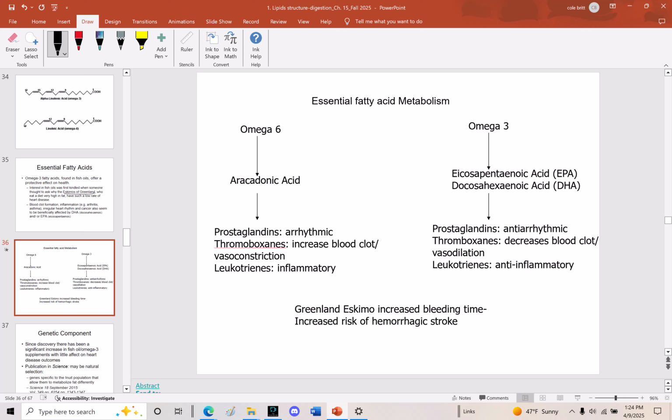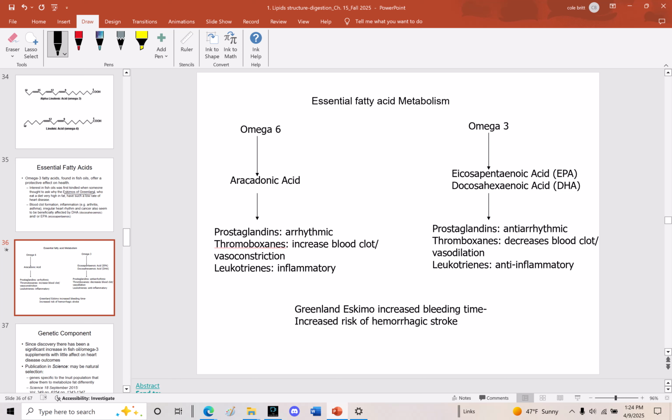So just so you know, thromboxanes tend to affect blood clotting. Prostaglandins, thromboxanes, and leukotrienes are all eicosanoids. But prostaglandins tend to affect the heart a lot more, as well as be inflammatory. Thromboxanes really are about blood clotting.